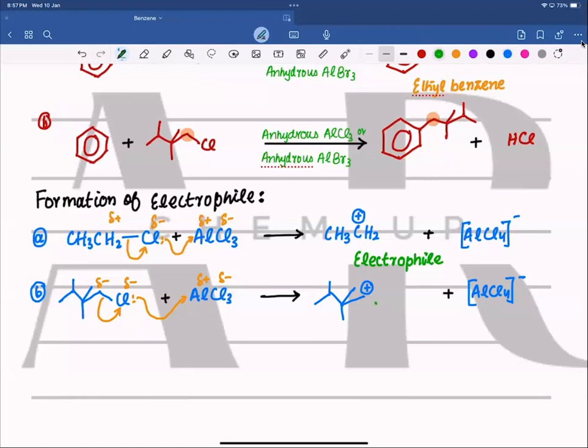So this becomes an electrophile. Is this clear? Yes, Kubra? Okay.